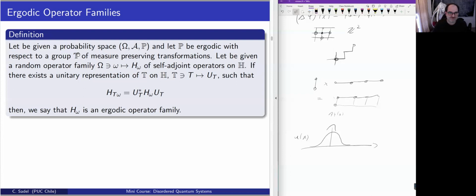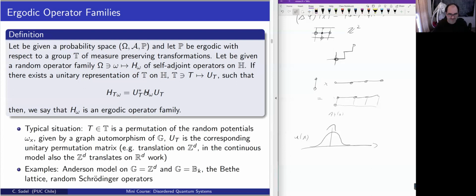For an ergodic operator family, we need a representation of this group on the Hilbert space H by unitary operators, such that we have what's sometimes called a covariance relation: the random operator H associated to T omega is a unitary conjugation of H omega. Then we say that H omega is an ergodic operator family.